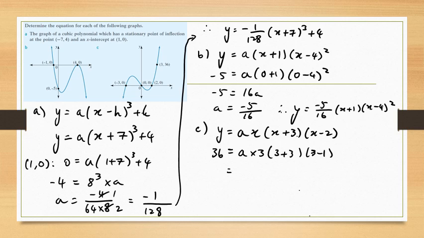So we have 3 times 6, which is 18. Oh, I messed up. There was also a 2 here. 3 times 6 times 2, sorry. So that is 36. So a is equal to 1.